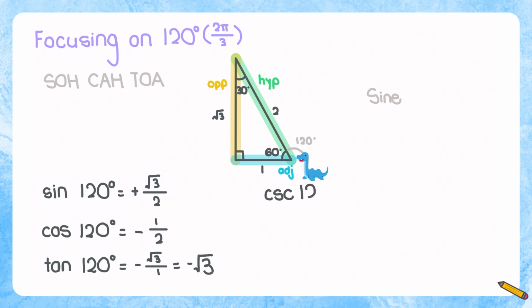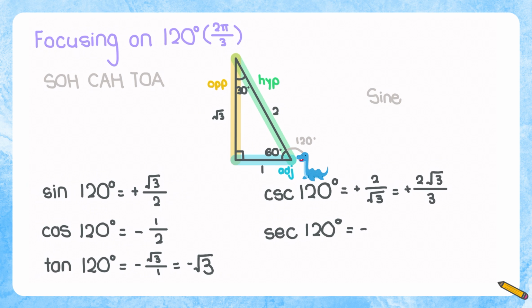Cosecant of 120 degrees would be positive 2 over radical 3, which would become positive 2 times radical 3 over 3. And then secant of 120 degrees is going to be negative 2 over 1, or simply put, negative 2.